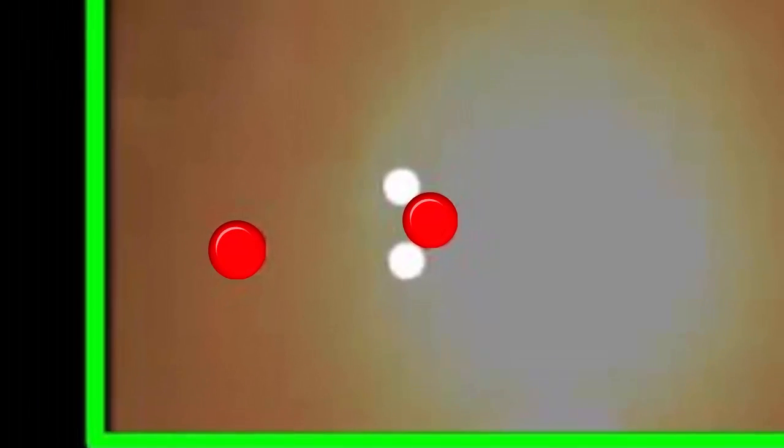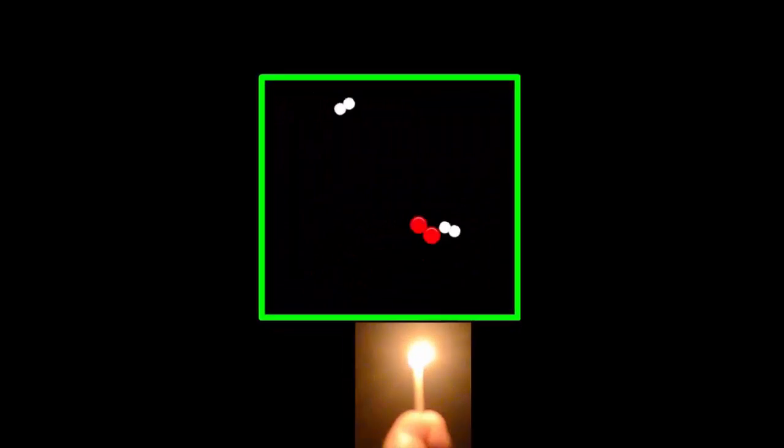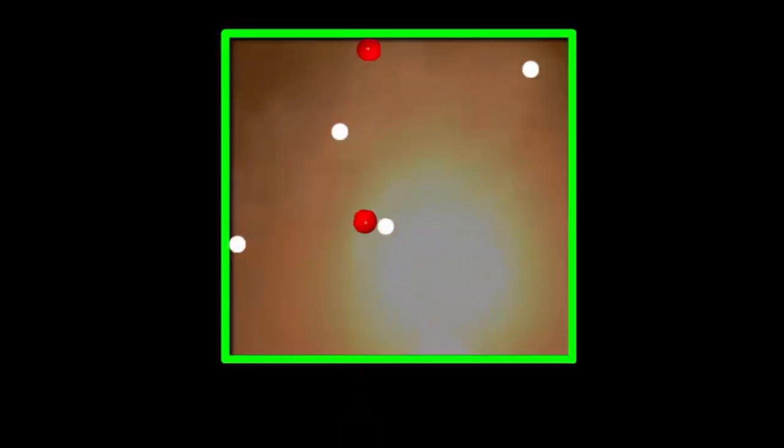But we can fix this by putting an extra H2 into the box at the beginning. Let's do that and light this candle. Nice! That was even louder.